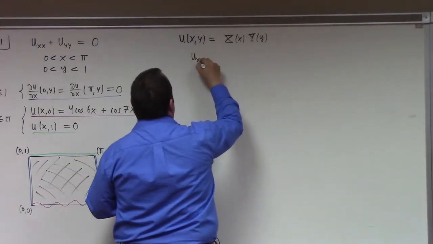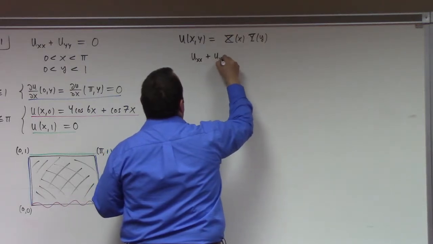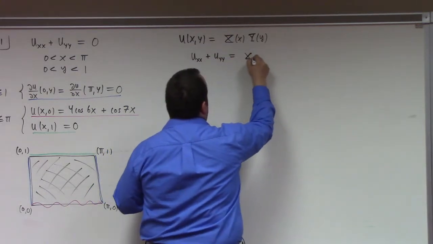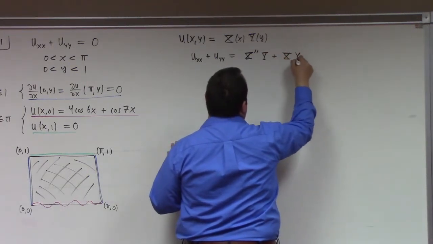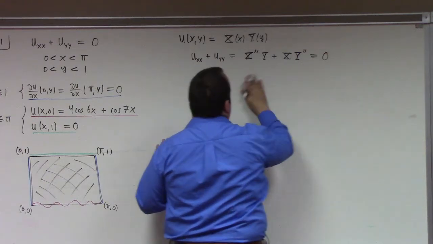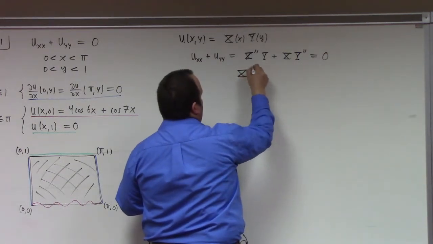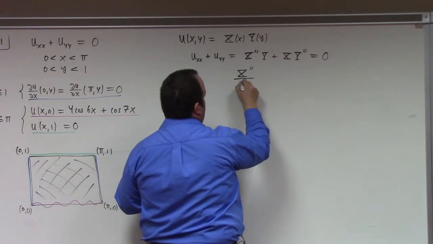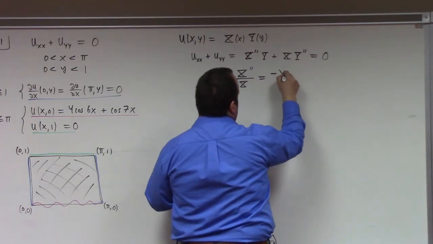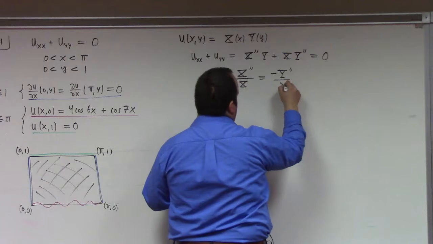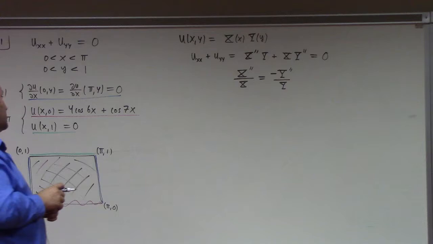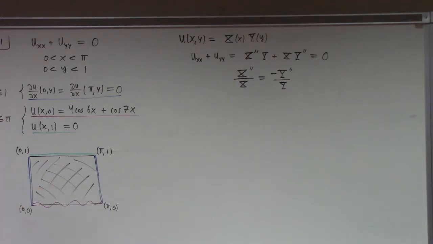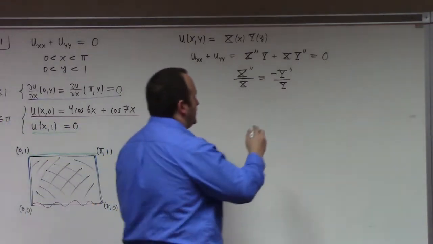uxx plus uyy, what is that? That's X prime prime Y plus X Y prime prime equal to 0. So we can solve that. X prime prime over X equals minus Y prime prime over Y. And I suggest that we put this equal to minus k again.